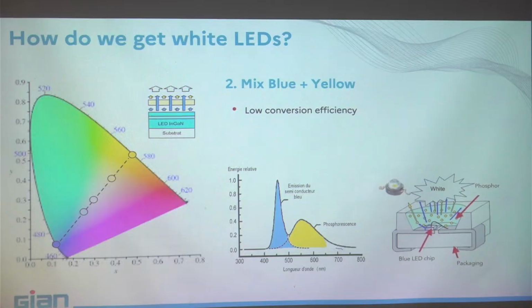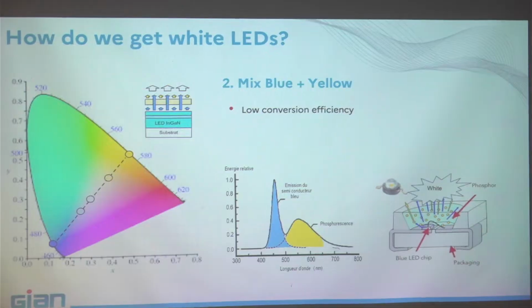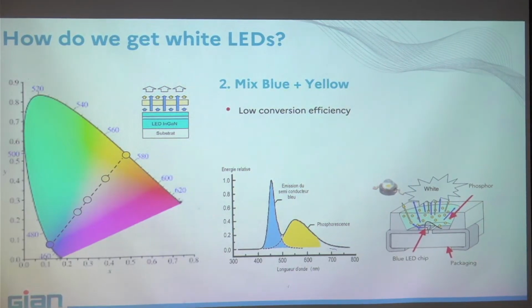And at the beginning of 2000, all the phosphors were made for fluorescent lamps and responded to UV rather than blue. And this overlap area was very small. That means the efficiency was very low.